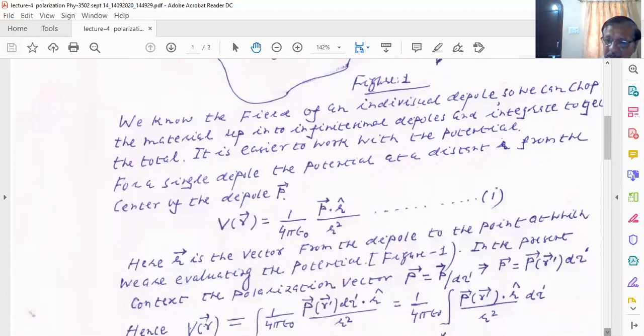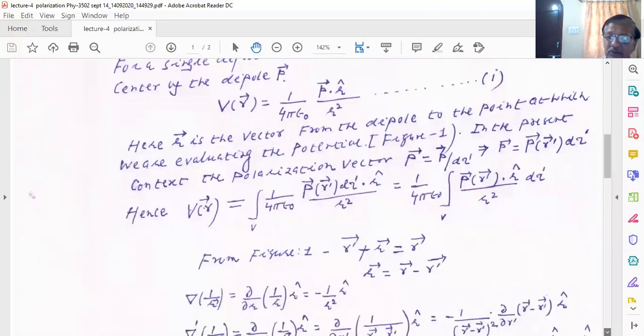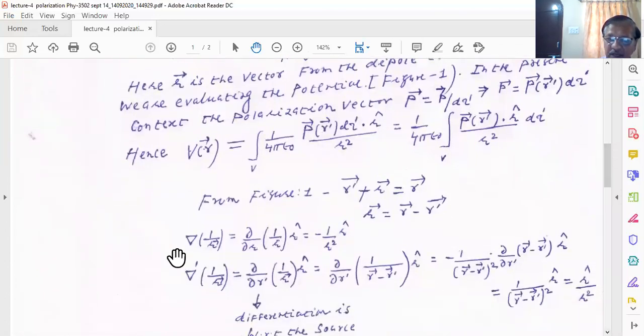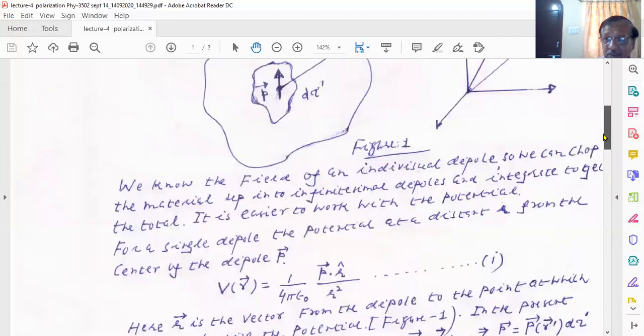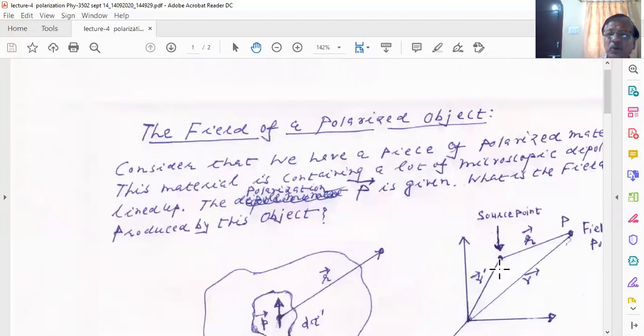The del prime of 1 upon r indicates del by del r prime: you differentiate with respect to the source coordinate, because you have different dipoles, dipole number 1, 2, 3, 4, 5, 6. Many dipoles are there, so these sources are changing, as per the figure.